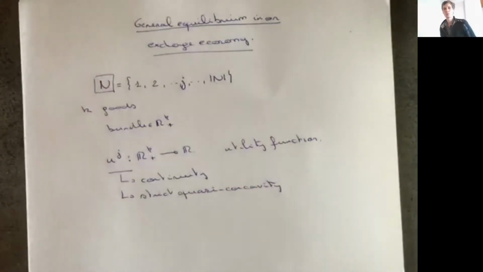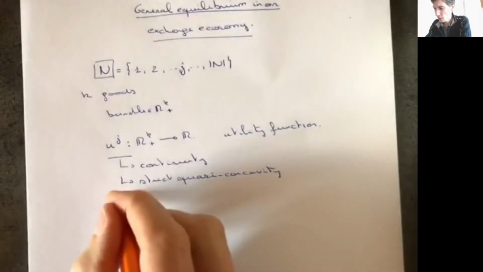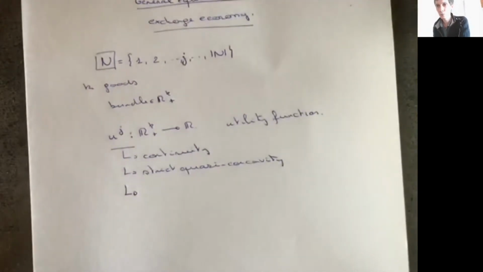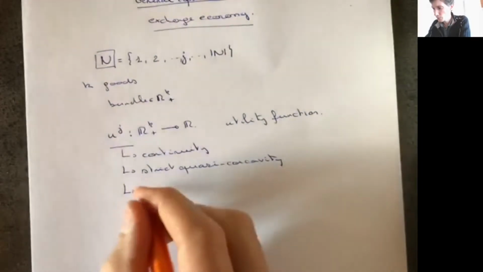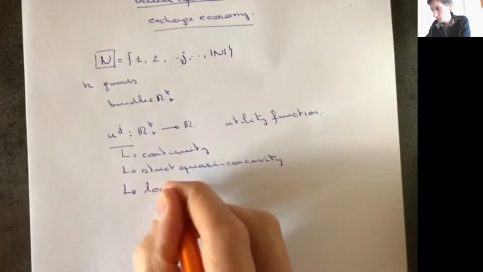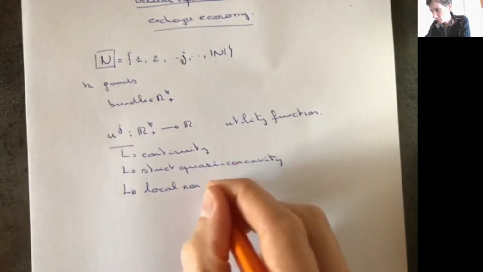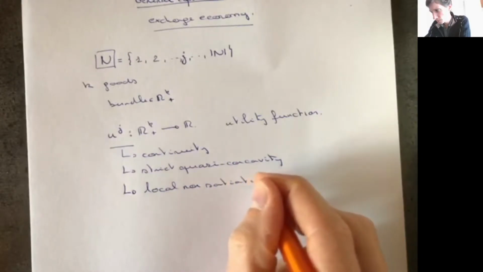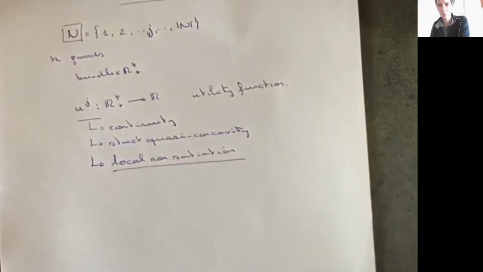If you don't remember what strict quasi-concavity is, please look again at the lecture on convexity and concavity for the exact definition. And then we're going to assume a third property, called local non-satiation. I haven't defined this property yet, so maybe I can do this first.